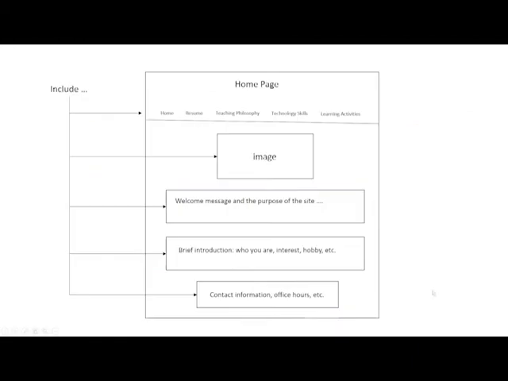Now, before we start, let's revisit the home page template we talked about earlier. We're going to add a navigation bar, an image of your own, some welcoming message, brief introduction, and the contact information.